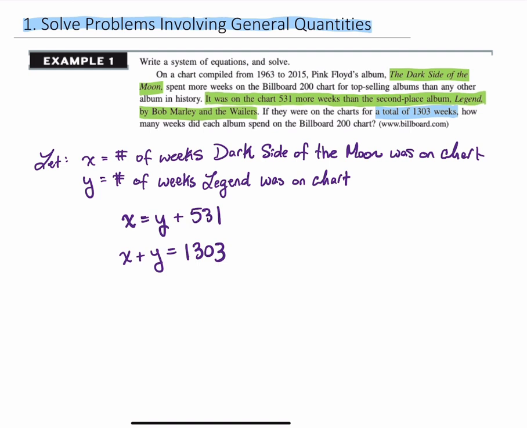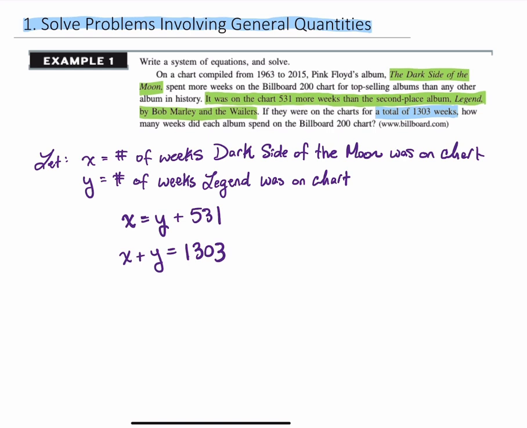So we have a system of two equations with two unknowns, and we want to solve. So we can choose the substitution method or elimination. I see the first equation is already solved for x, so I'm going to use the substitution method. I'm just going to substitute this whole expression for x in our second equation.